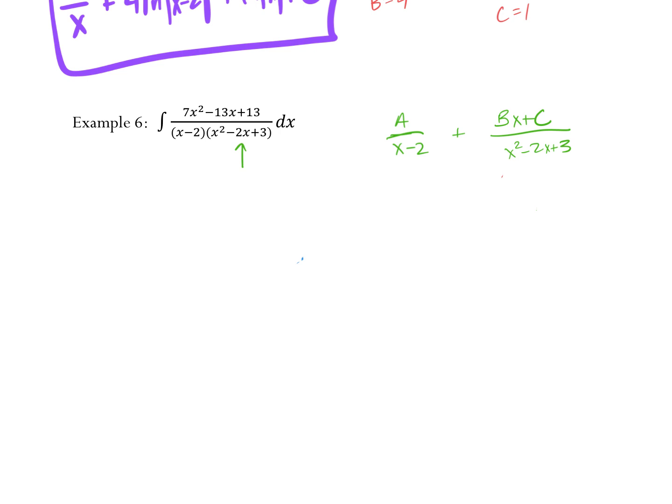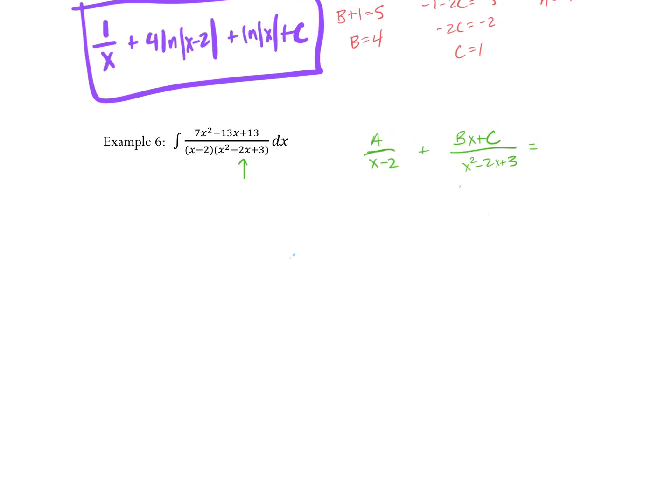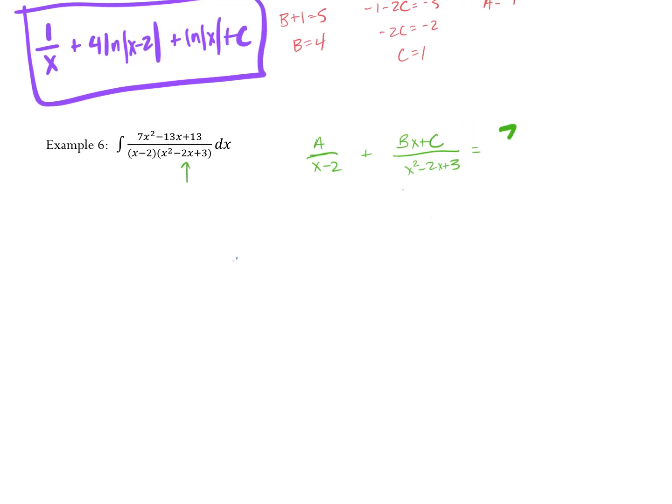All right, so now we'll have this whole thing again equal to our typical set, what we're trying to integrate in the first place. So now, again, technically we're multiplying through by the denominator to everything.